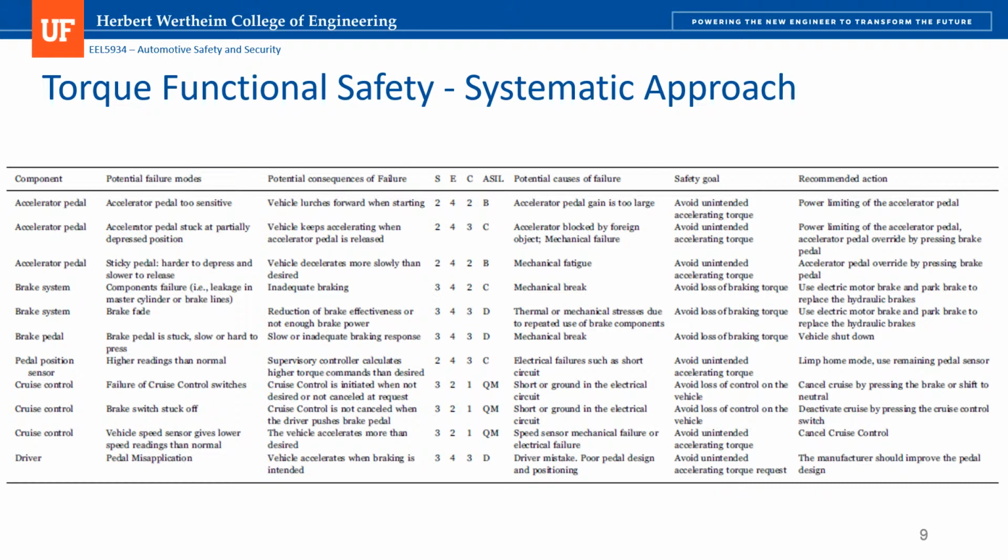It can be fixed by the driver removing their foot from the accelerator. It's not a total loss of control, so that's why they gave it a level 2. And the overall ASIL rating is a B, which is relatively low. It's the second from lowest in this rating system.